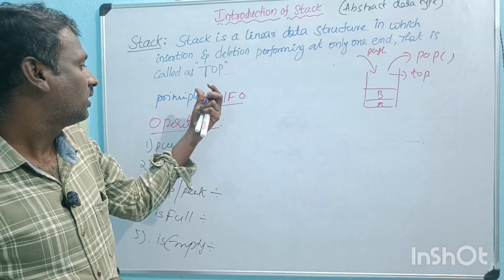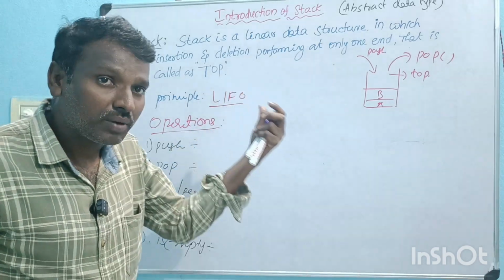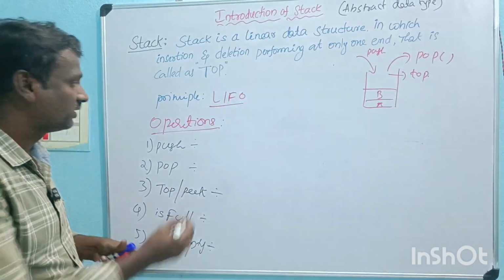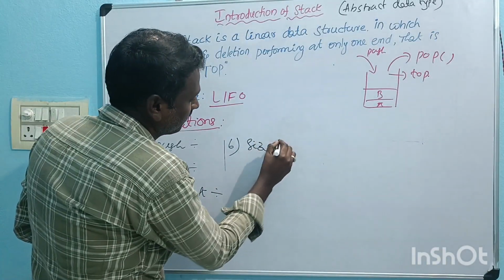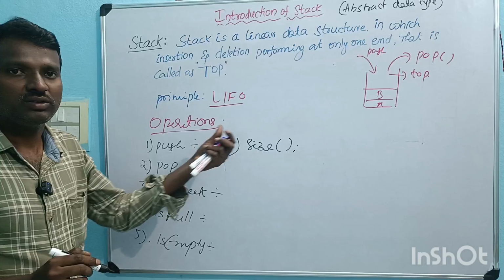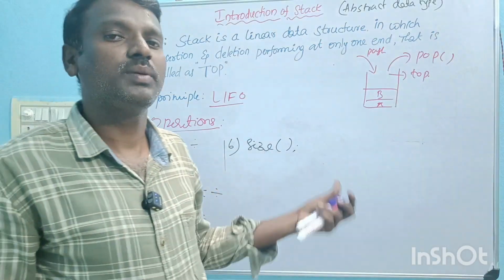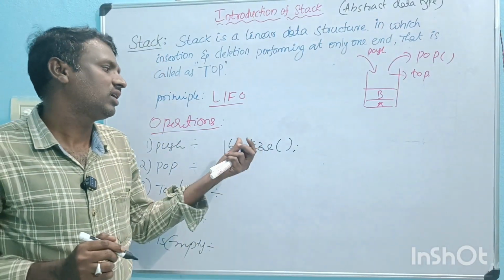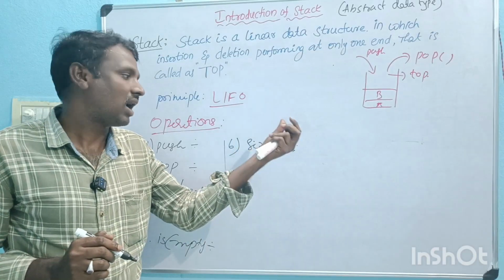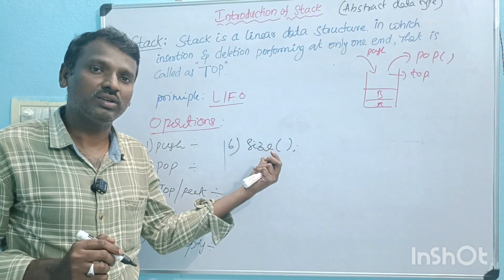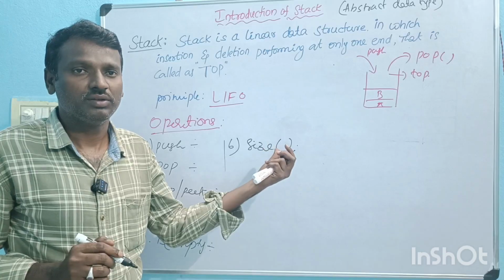Another operation is there, the sixth one, size. This is a special operation. We use it to find how many elements are available in our stack. This is the size.